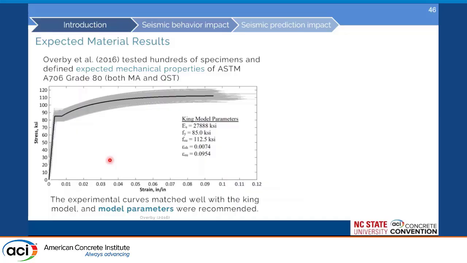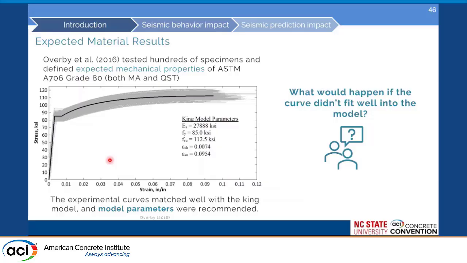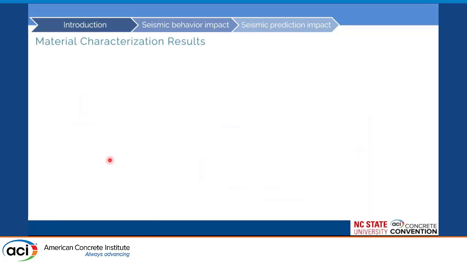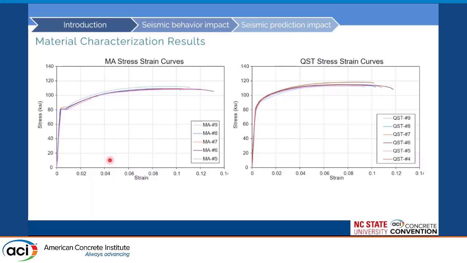But then a question is raised: what if I'm using a longitudinal steel ratio in my column, but my stress-strain curve doesn't fit this model and doesn't fit the parameters that were seen before? I looked into that because I was doing a different project on mechanical splices, and while doing my material characterization, I noticed a significant difference between the shape of the stress-strain curve for my microalloy steel and my QST steel.